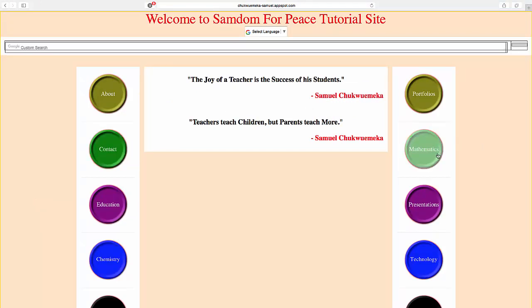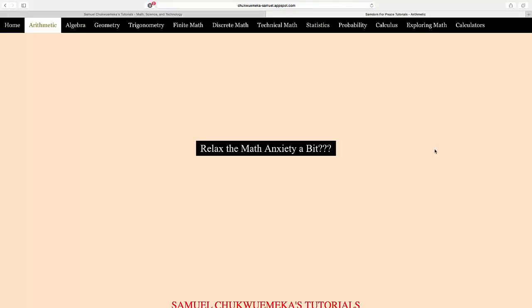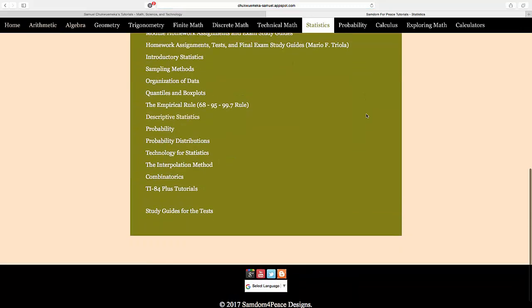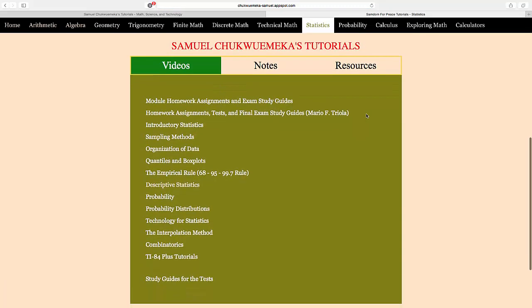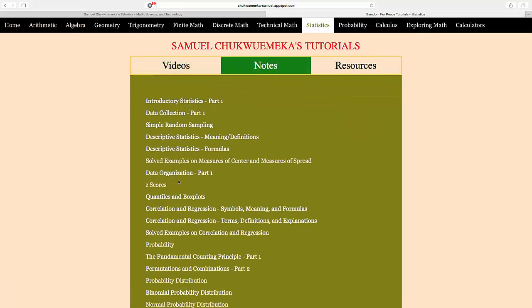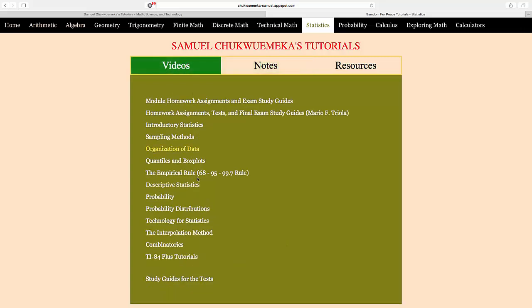And you go to mathematics, statistics, and under the notes, you will look at z-scores, quantiles, and box plots. You will need to look at these notes. And for the videos, you also view quantiles and box plots.